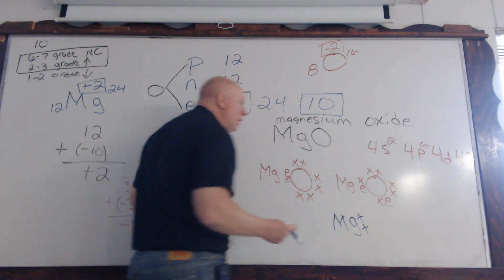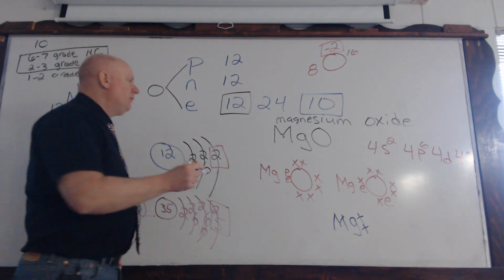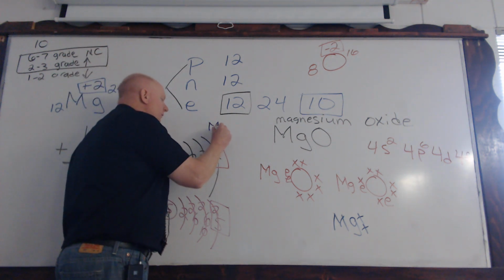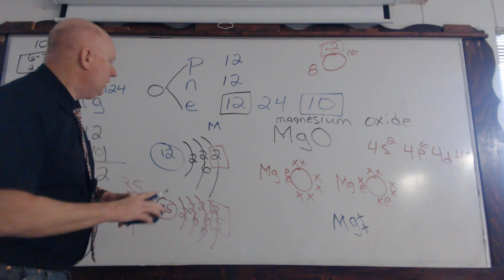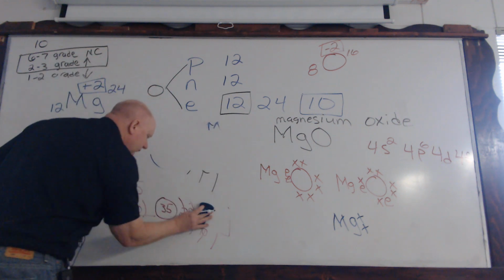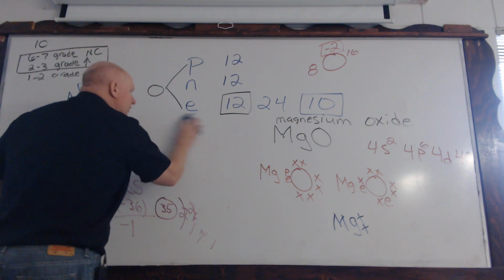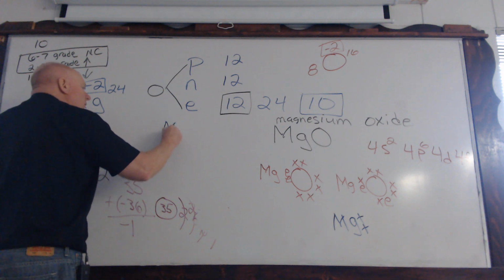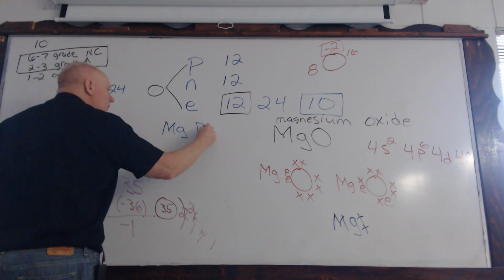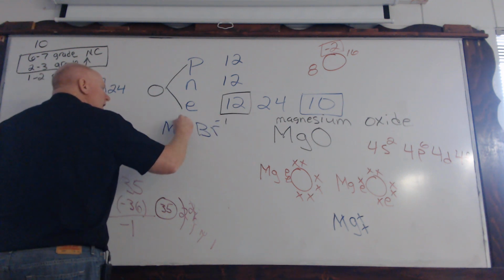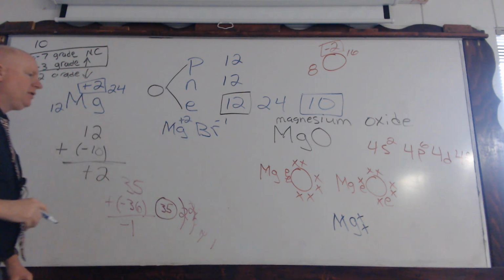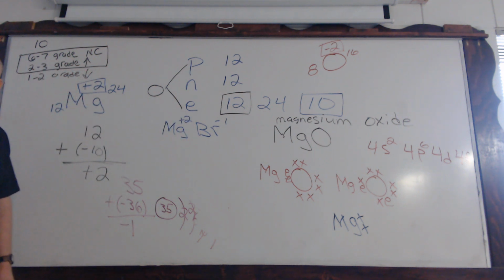The answer is no, because this will answer your question. We don't need the Bohr model anymore either. This is -1, that's +2. Does that add up to 0? No. Okay, what's the least common multiple?